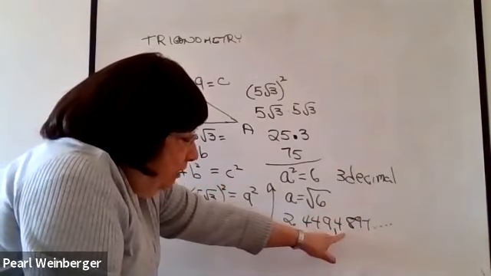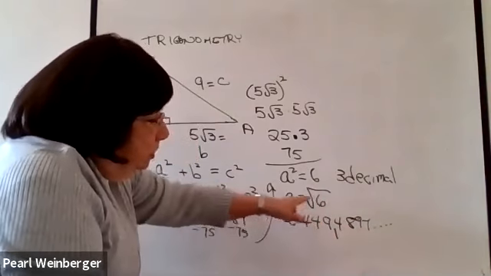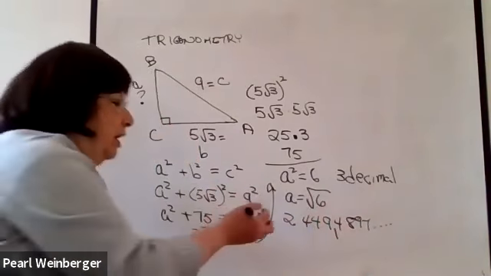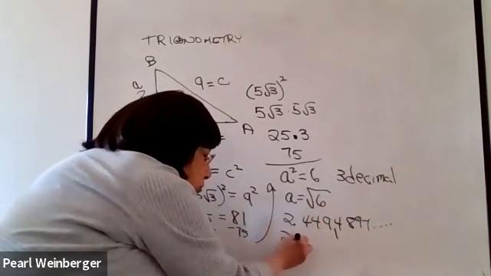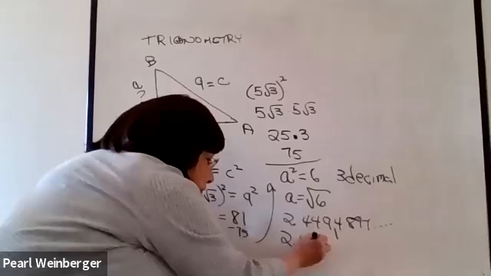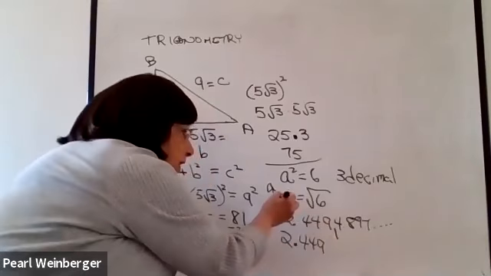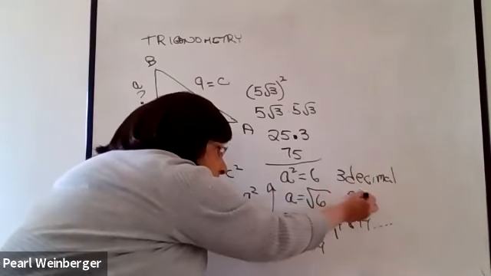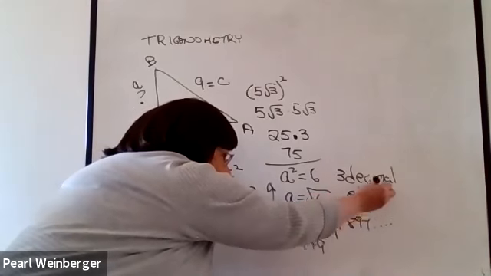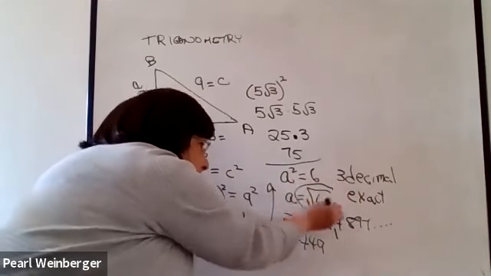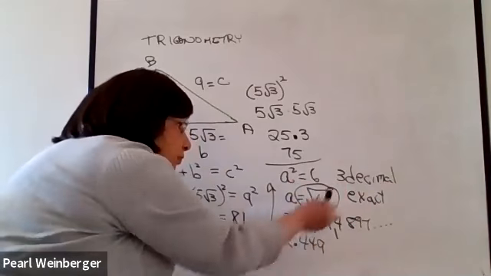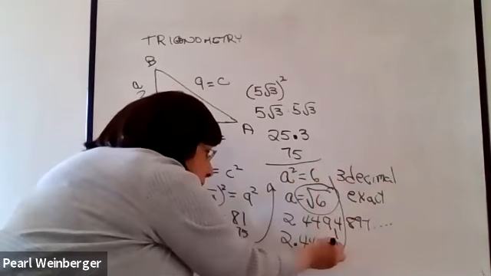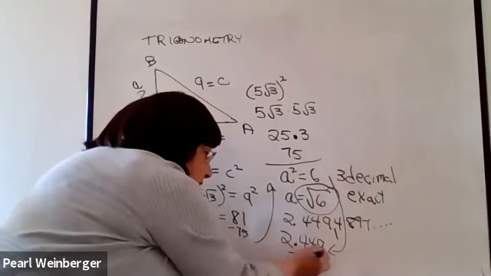If it's 5 or more, I have to round up, but this is less than 5, so my answer becomes 2.449. So if they ask for an exact answer, that means an answer in radical form, this is the answer. If they ask for a decimal answer, that's the answer in decimal form.